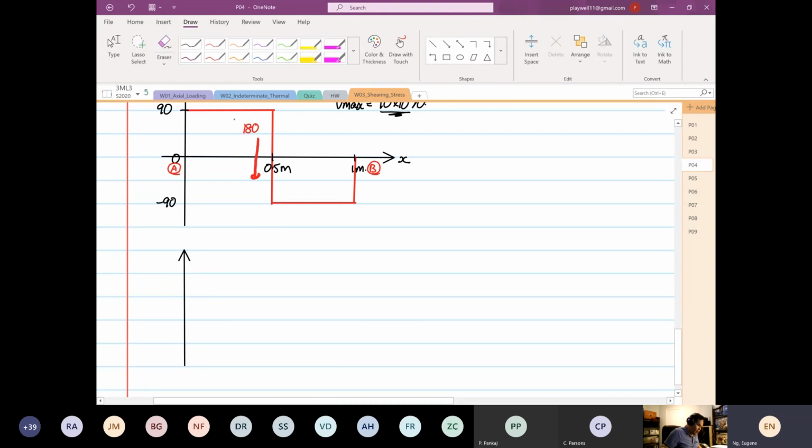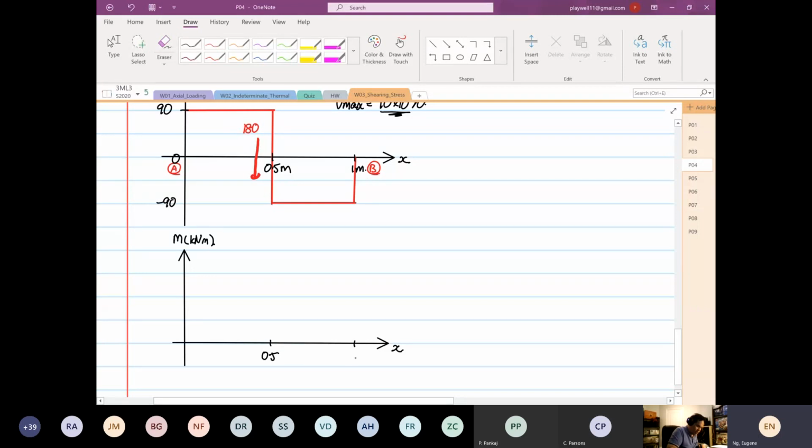Over here, this is your X. We're going to focus more on the positive, because this is more positive bending moment. So this is M, in kilonewton meter. Likewise, at the midpoint it's equal to 0.5, and over here it's going to be 1 meter.